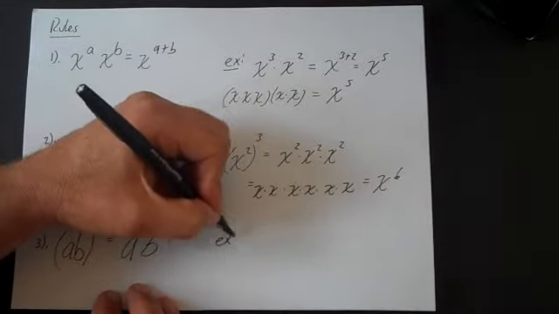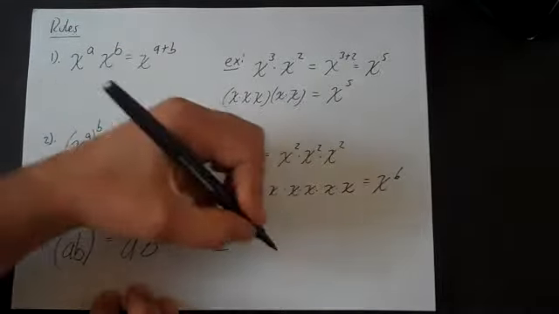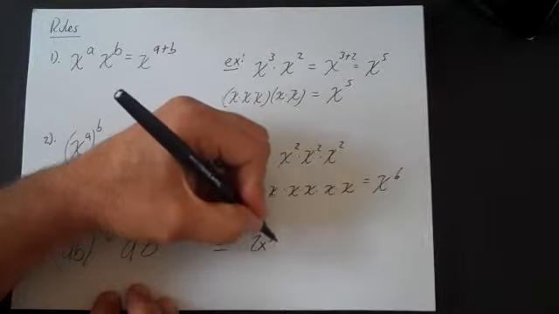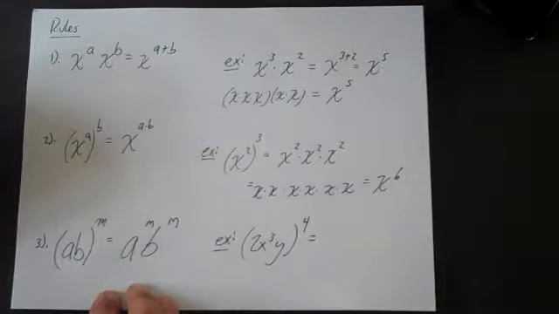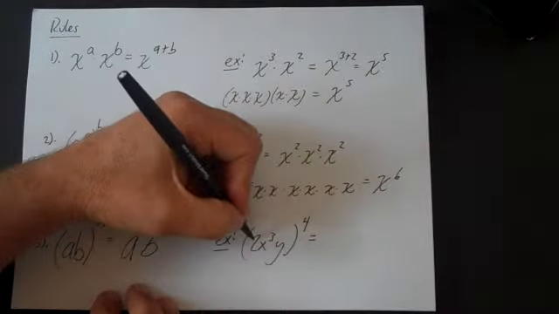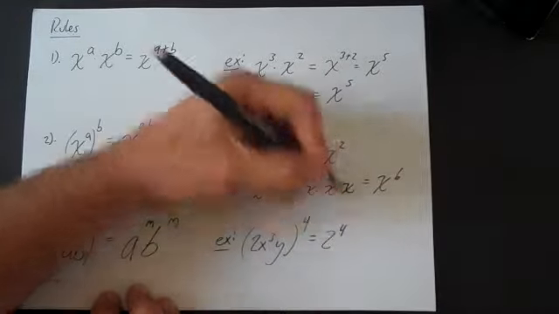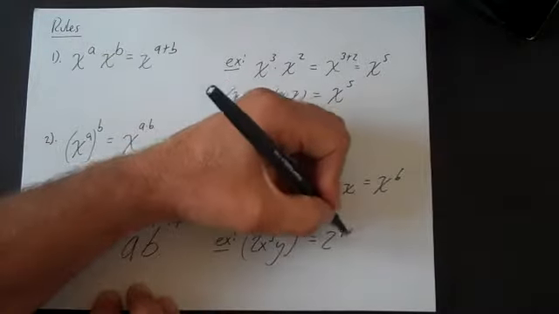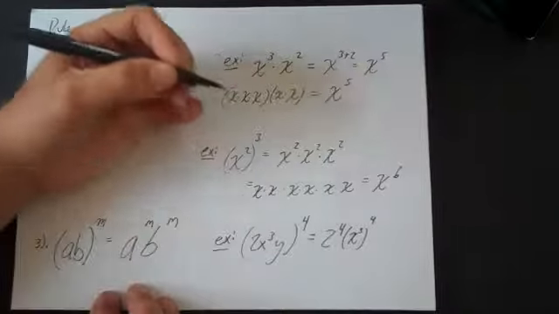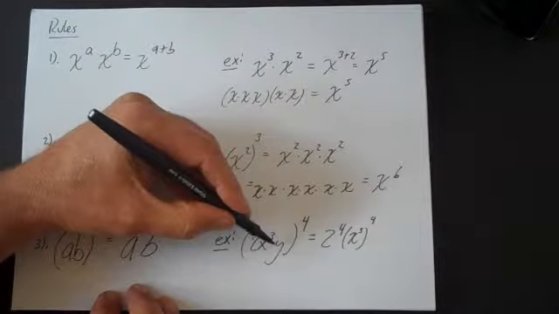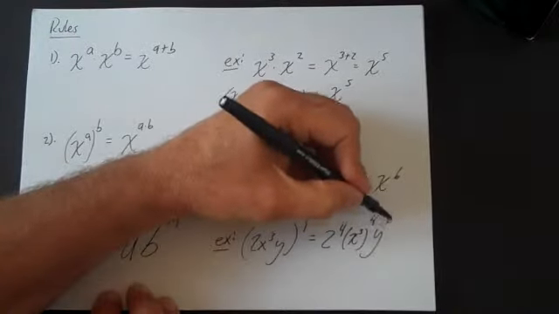Let's look at an example of that one. So an example is you have 2x cubed y raised to the power of 4. That would be 2 raised to the 4th, and then x cubed raised to the 4th, and then y raised to the 4th.